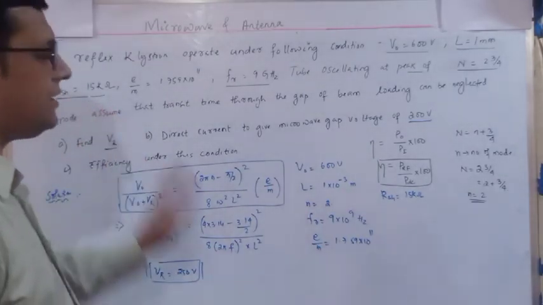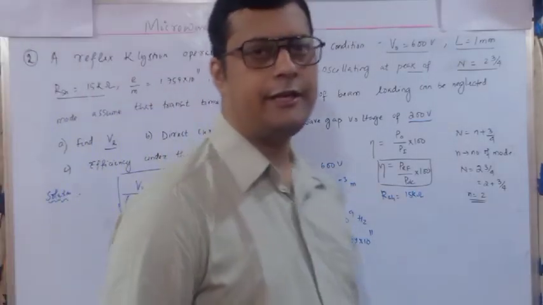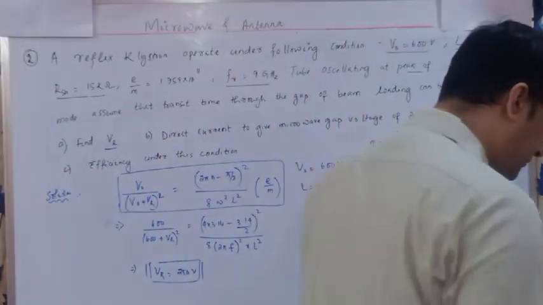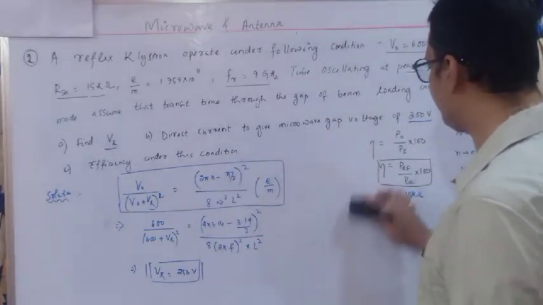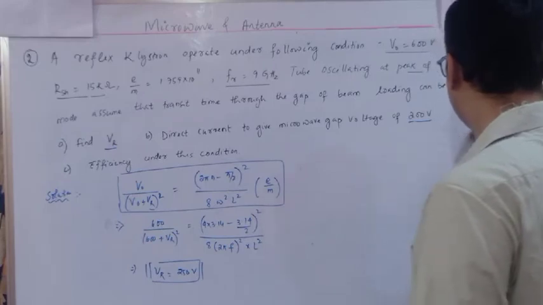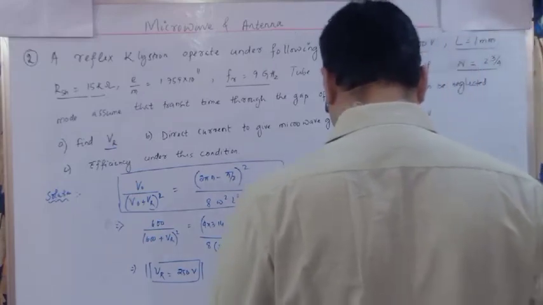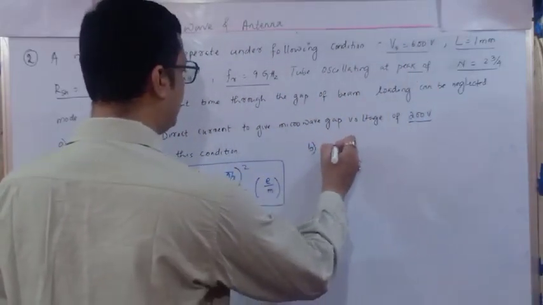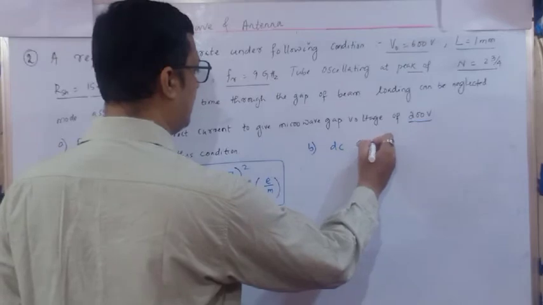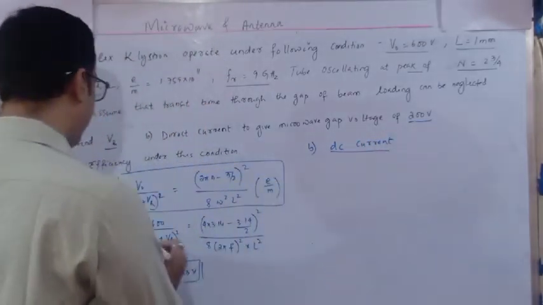Now this repeller potential is known. Now we will go for the DC current. So let's see how we are determining the DC current. This is the repeller voltage.